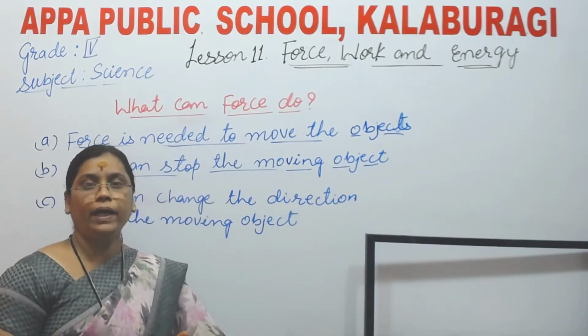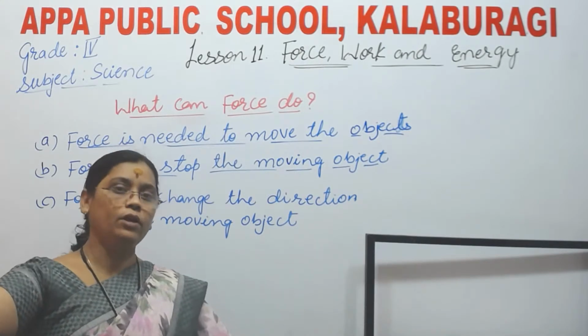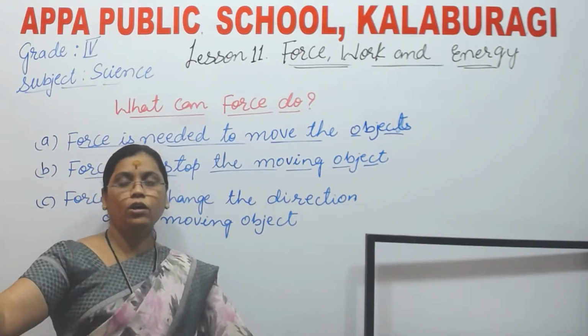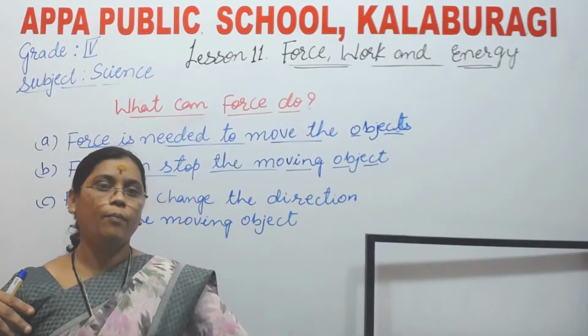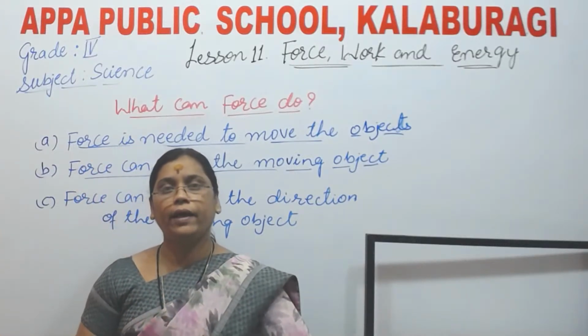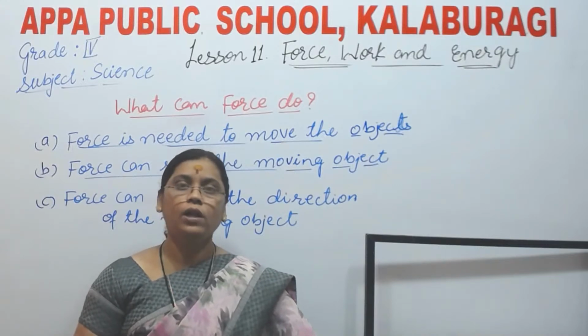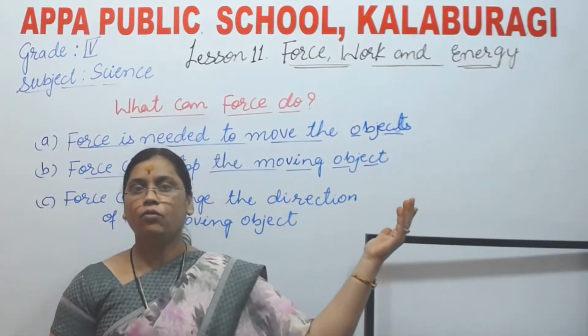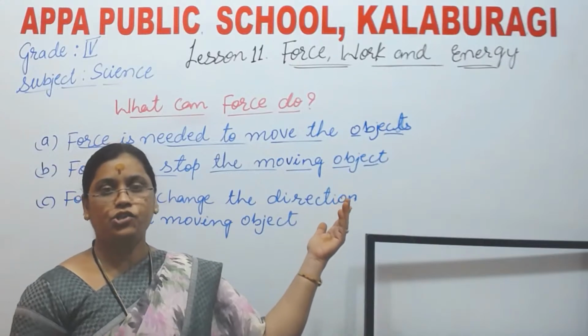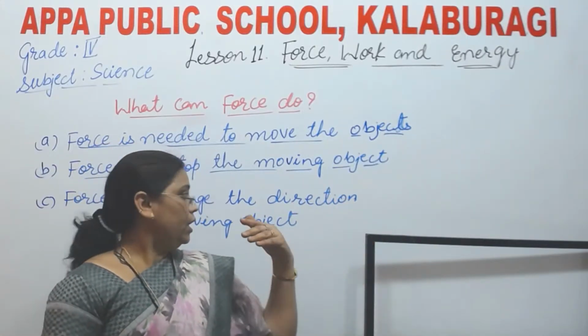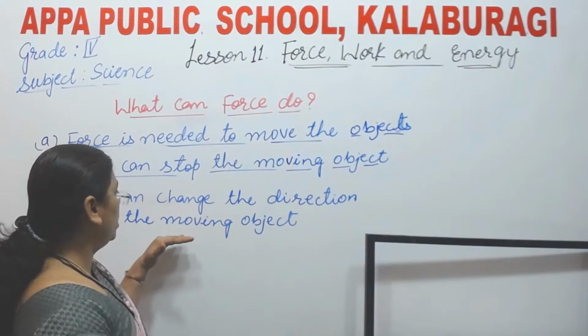Whenever you are playing cricket, the ball is coming from one direction, is it not? So what will you do? You are applying the force to hit that ball. When you apply the force to hit that ball, the ball moves in the other direction. That means there is a change in the direction of the moving object.